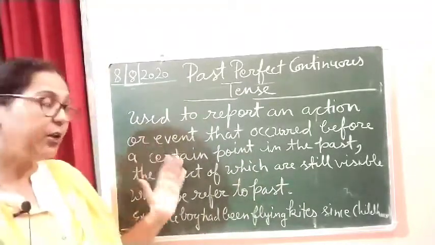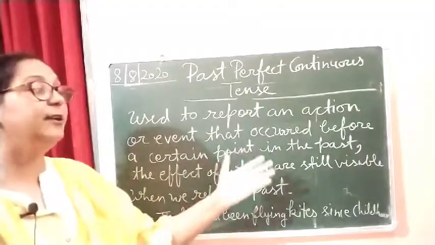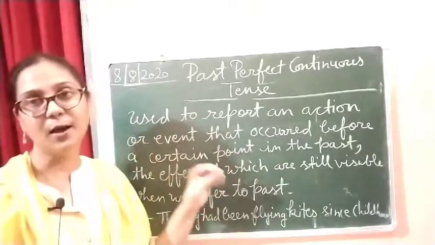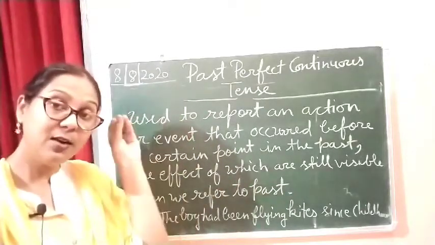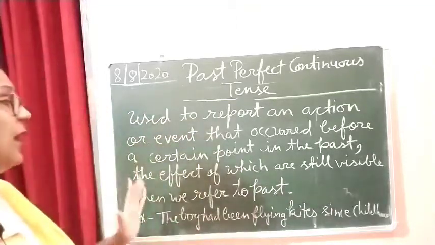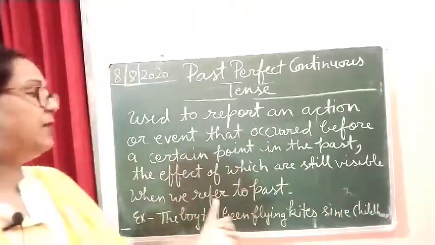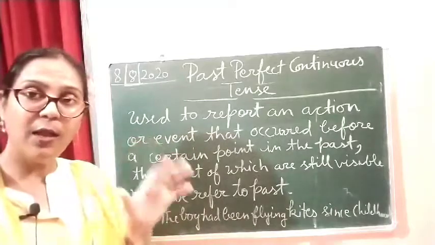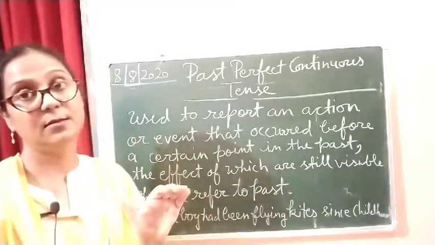Past perfect continuous tense is used to report an action or event that occurred before a certain point in the past, and the effect of which is still visible when we refer to the past.